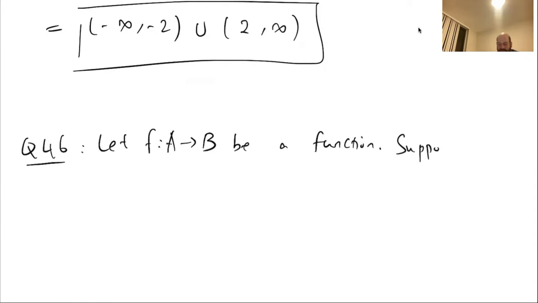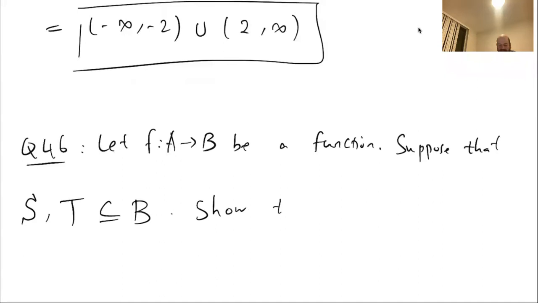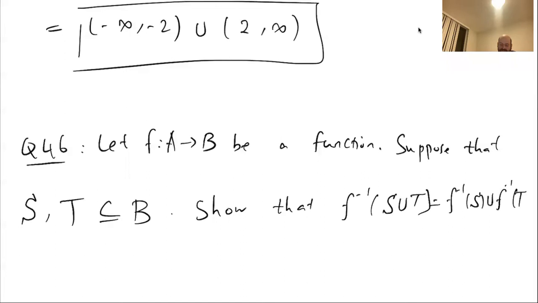Suppose that S and T are subsets of B. Show that f inverse of S union T is equal to f inverse of S union f inverse of T.